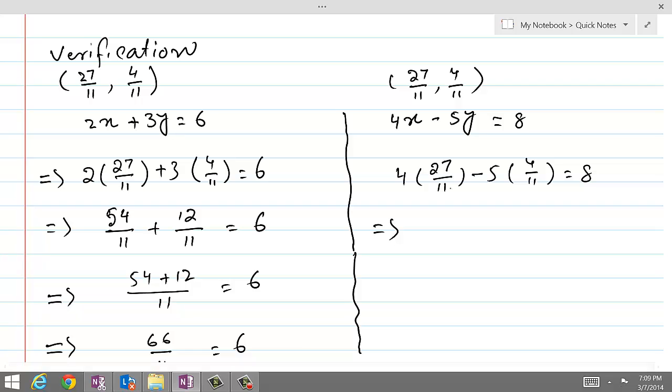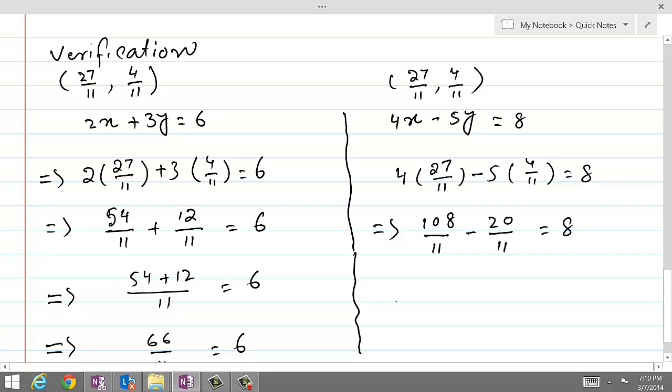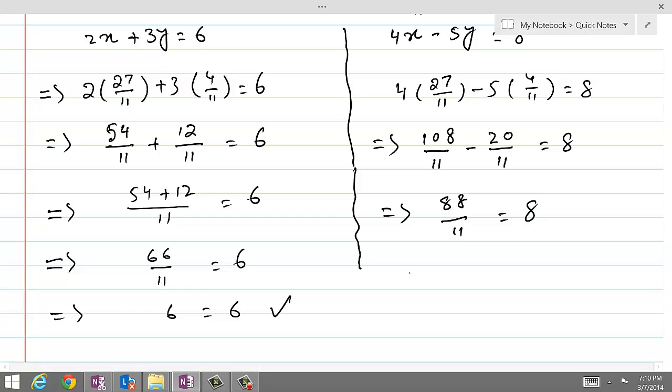That is 108 over 11 minus 20 over 11 equal to 8, and this will give us 88 over 11 equal to 8. And here what we have is 8 equal to 8. So this is also verified.